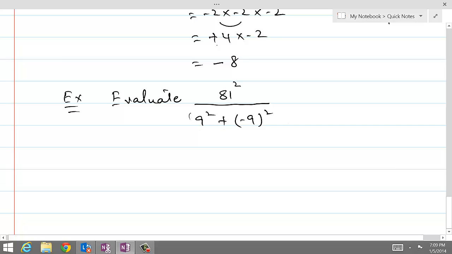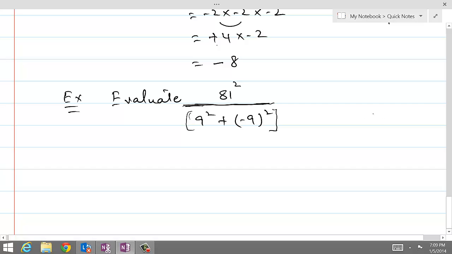So we should make this clear by putting brackets, because 81 square is divided by the entire denominator. The expression in the denominator must be calculated first. This line continues from start all the way to the end. Therefore, we have to calculate the denominator first.